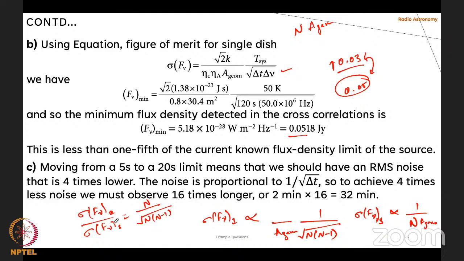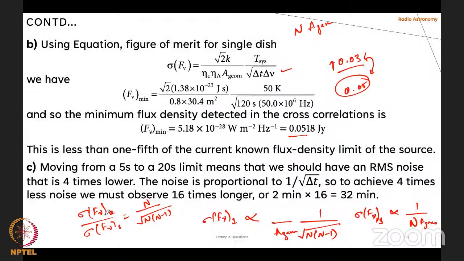So if you have a single dish telescope, you need to have n times the area, whereas you can have n times smaller dishes and place them around some area to create an n element interferometer, achieving the same amount of sensitivity level.